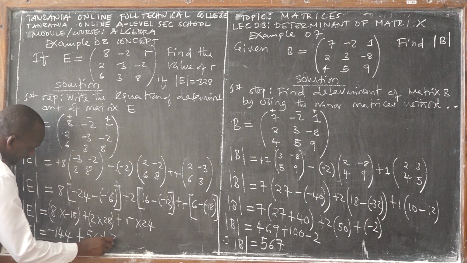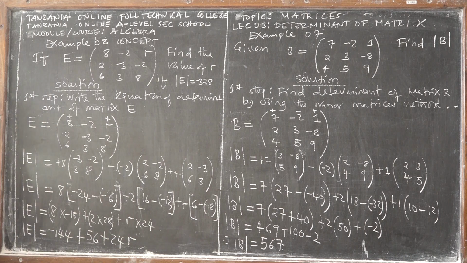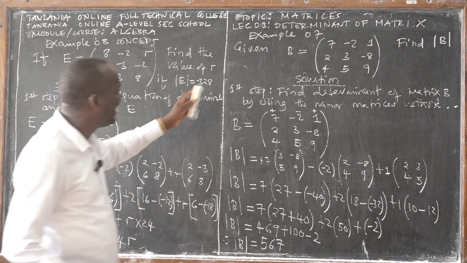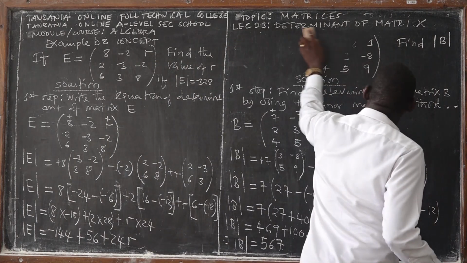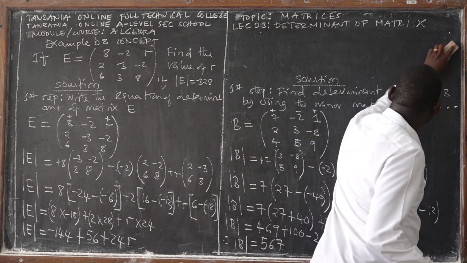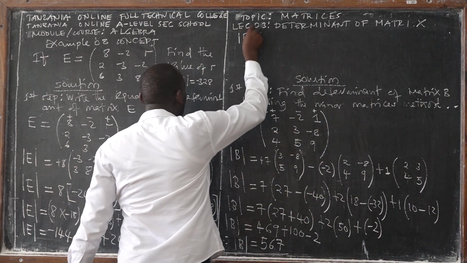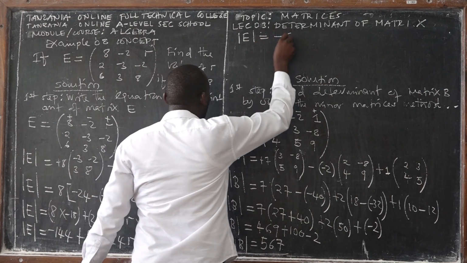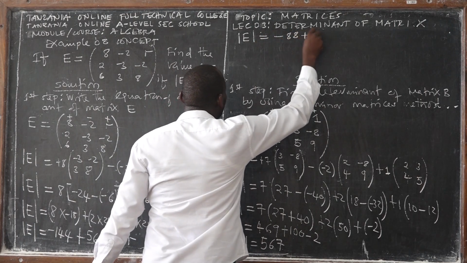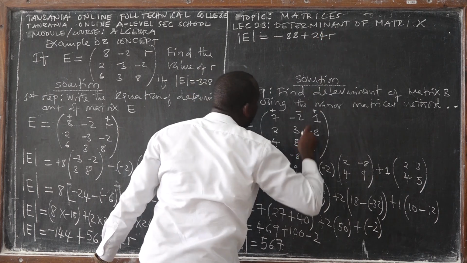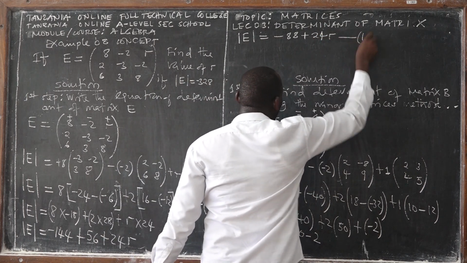Then 24 times R, 24R. So negative 144 plus 56, you can use a calculator for this simple step. Negative 88. So the determinant of matrix E, I said stop writing, is equal to negative 88 plus 24R. So this one will be equation 1.